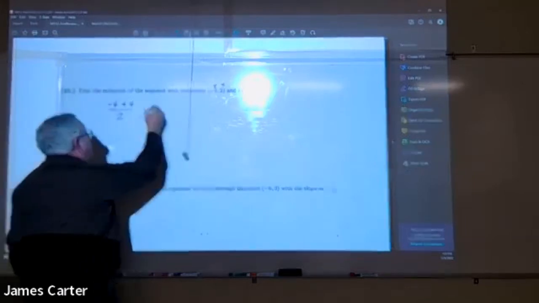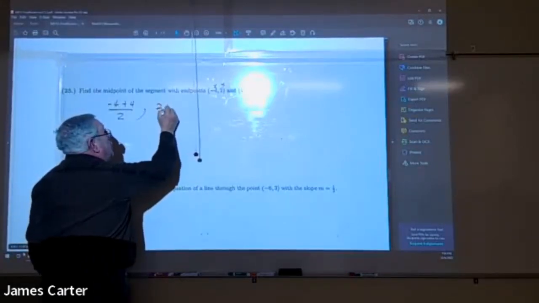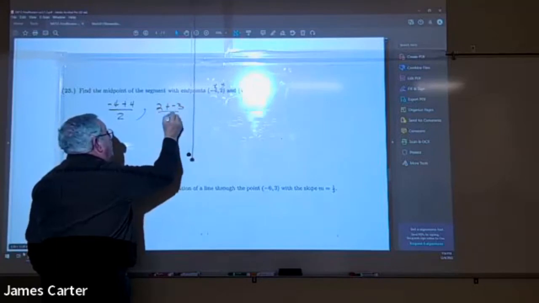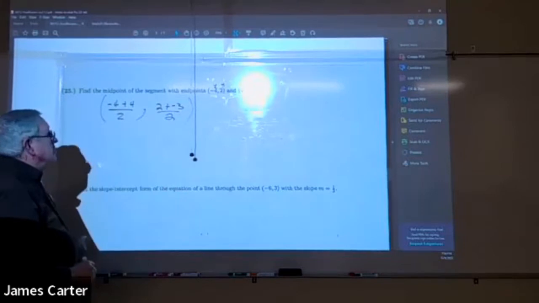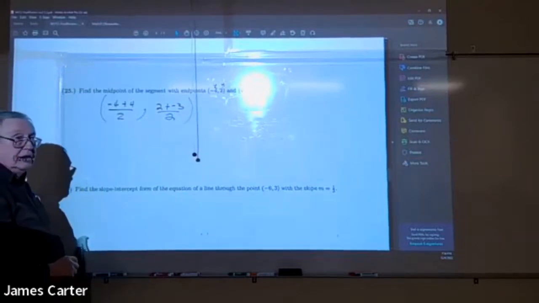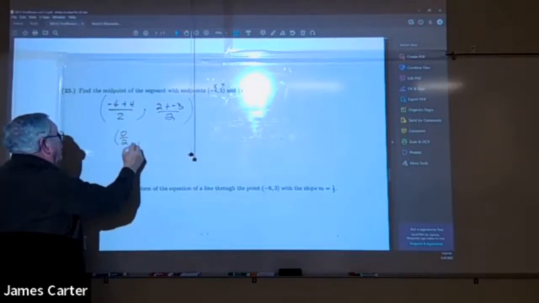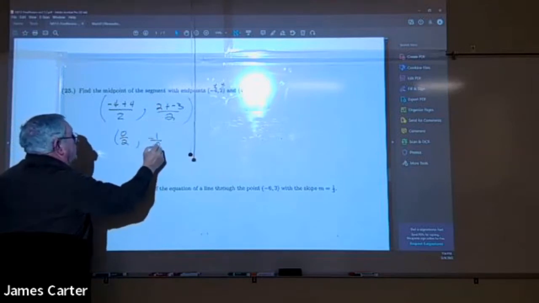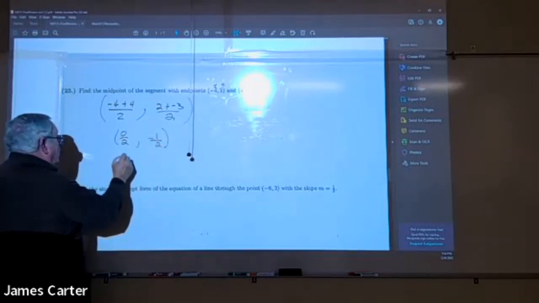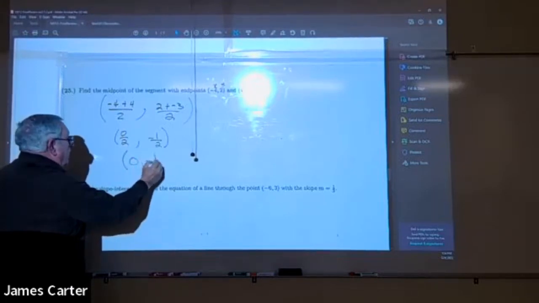And as a separate problem, we have 2 plus -3 over 2, because there are 2 of them, which is going to make our point. 4 minus 4 is 0 over 2. 2 minus 3 is -1 over 2. So ultimately, your answer is (0, -1/2).